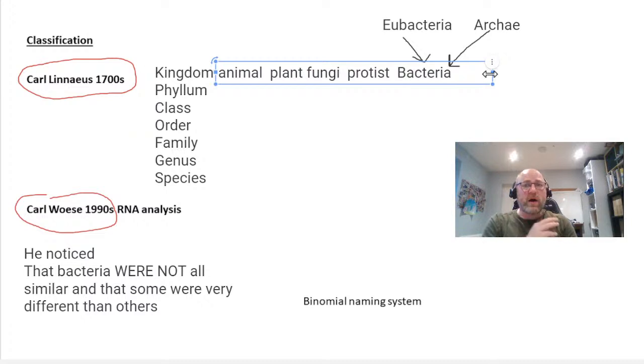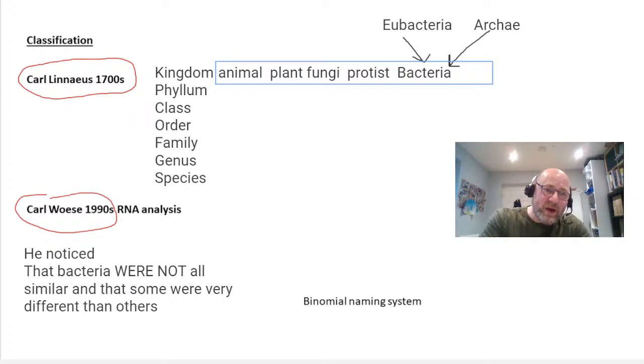You need to know that archaebacteria are bacteria found in caves, at the bottom of the sea and deep sea vents, and they're very ancient and very old. He noticed that their DNA, or their genetic code, their RNA, is very different than the modern bacteria. And the modern bacteria had quite a lot of different proteins and different chemicals. And he said, look, we've got to split these up first.